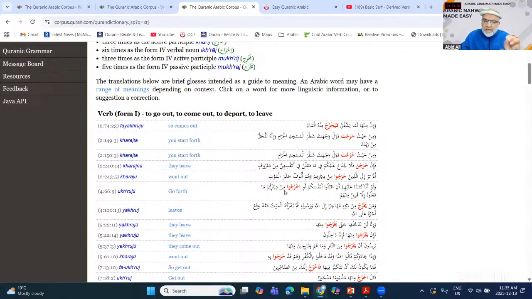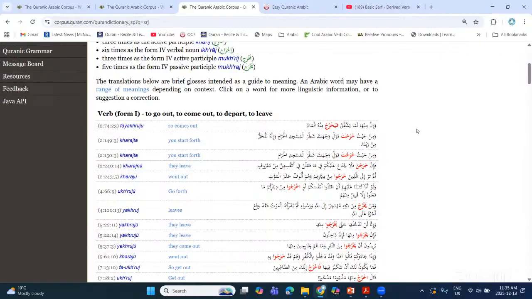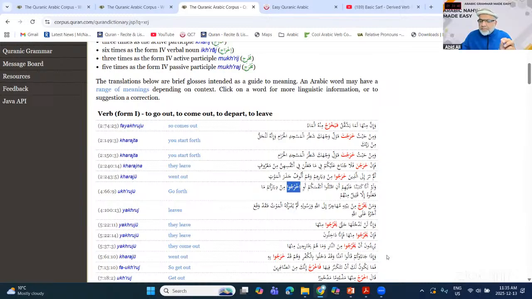Are these the same as the pattern we have looked at? Or is kharaja Thulathi Mujarrad? And akhraju Thulathi Mazeed Feeh, Bab If'āl. Now kharajta is when you go out yourself, but akhraju is when you make somebody else go out. So akhraju min diyarikum, when you expel them from their homes.